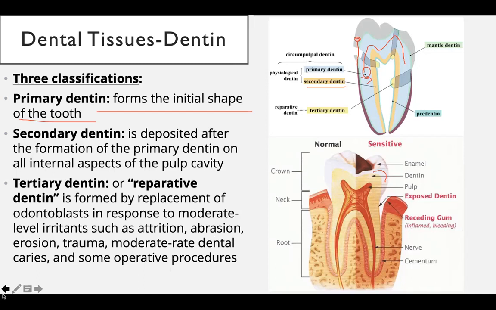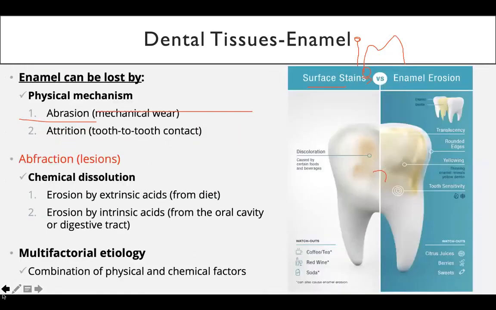If we go back, attrition is tooth to tooth contact. Abfraction is the lesion caused by chemical dissolution. These two terms are important. Abfraction lesions are caused by chemical, attrition and abrasion are by physical.